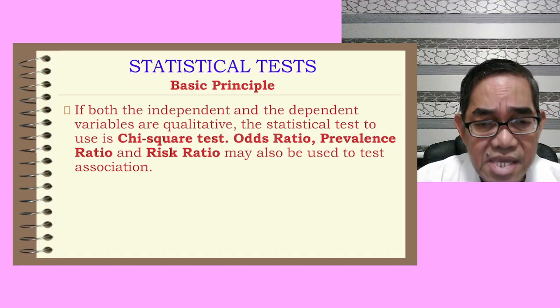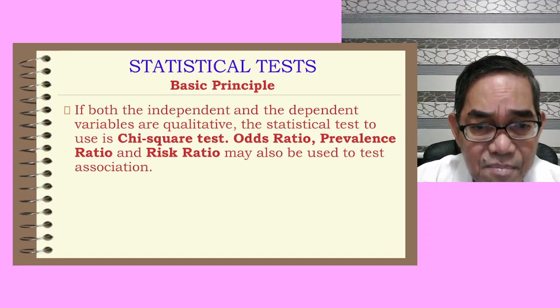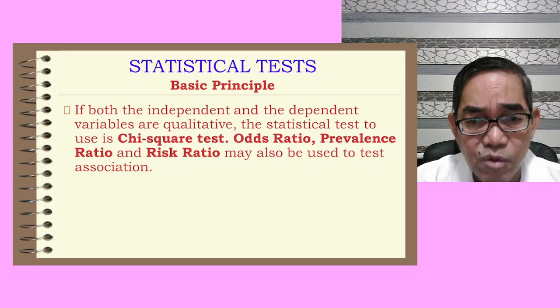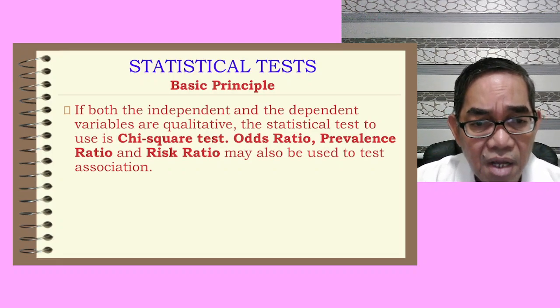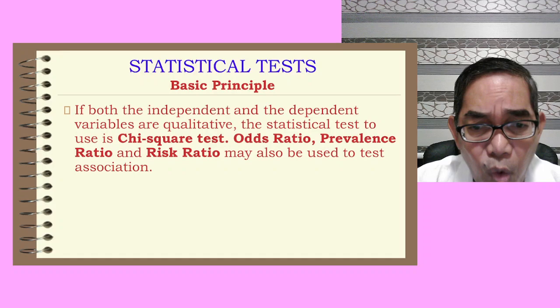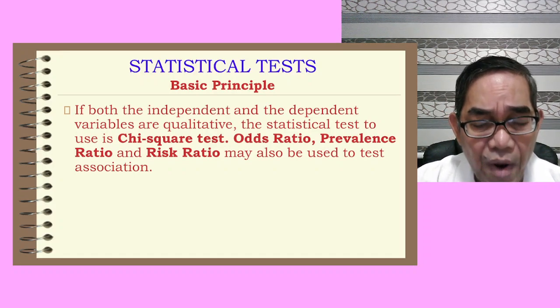If both the independent and the dependent variables are qualitative, so you need to know what the independent and what the dependent variables are, the statistical test to use is a chi-square test.